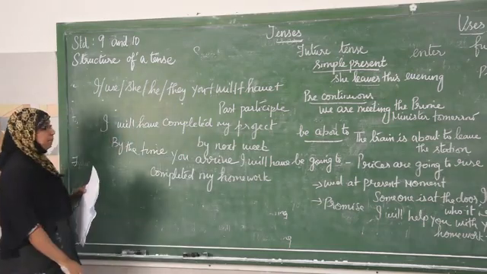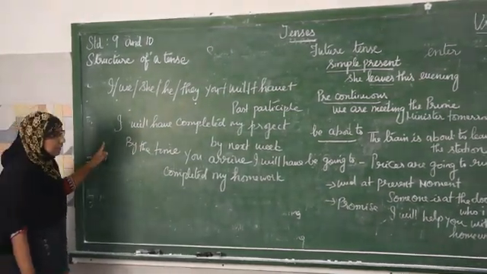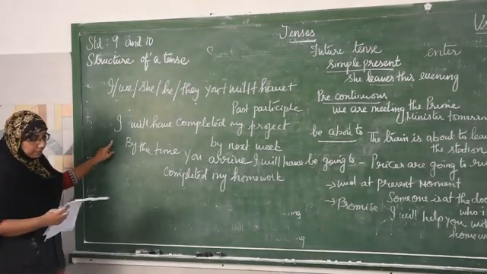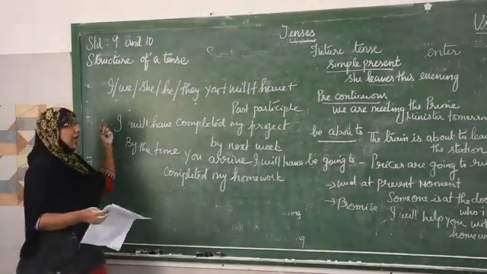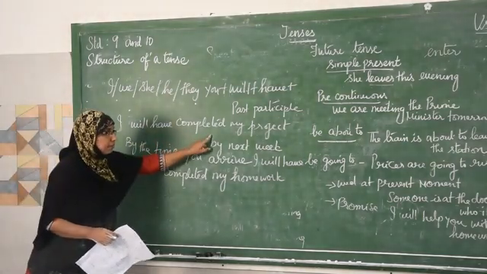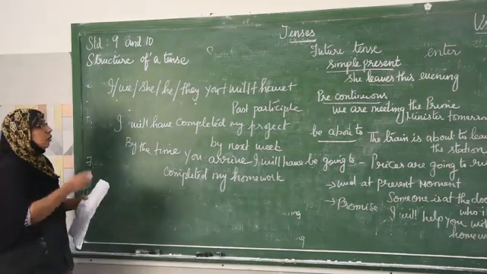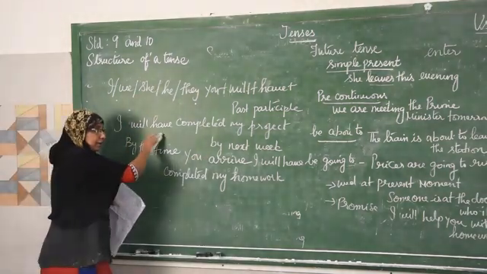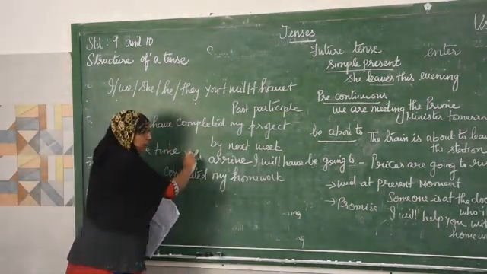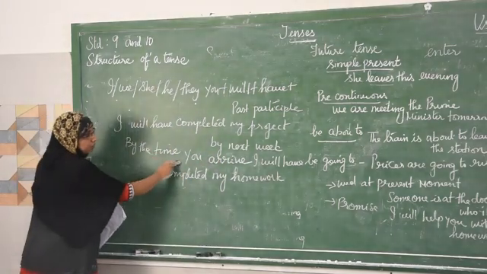Now this future perfect tense refers to an action that has been completed in the future before something happens there. For example, I will have completed my project by next week. That means one action would have been completed in the future before another action takes place. Clear? Even here, by the time you arrive.